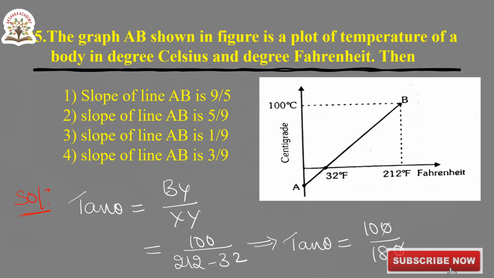Zero gets cancelled, 2 fives are 10, 2 nines are 18. So the slope of the line AB is 5 by 9. So tan theta is equal to 5 by 9. So the second option is correct. Next we will go to the next question.